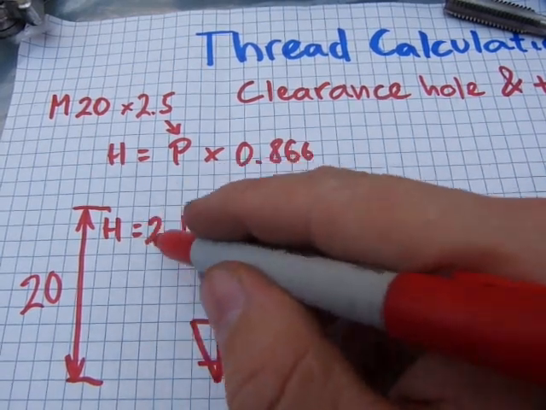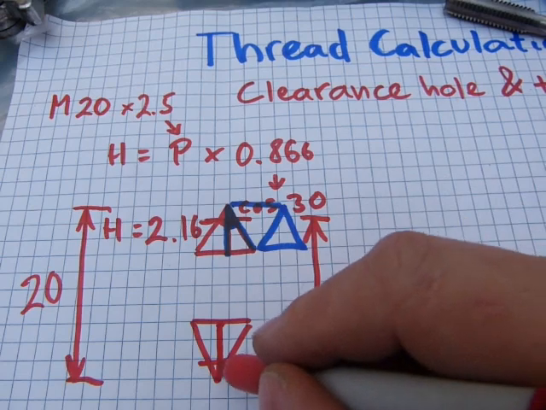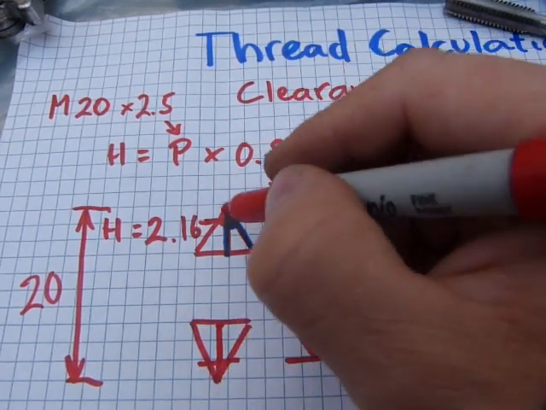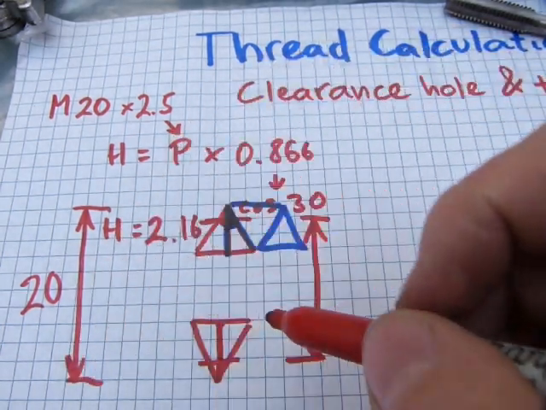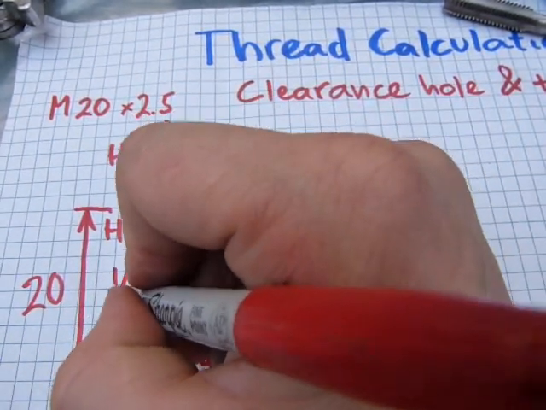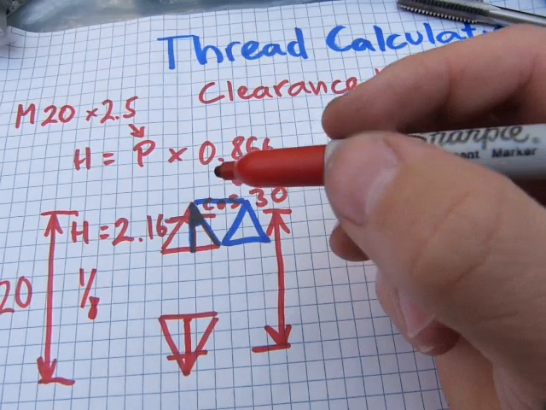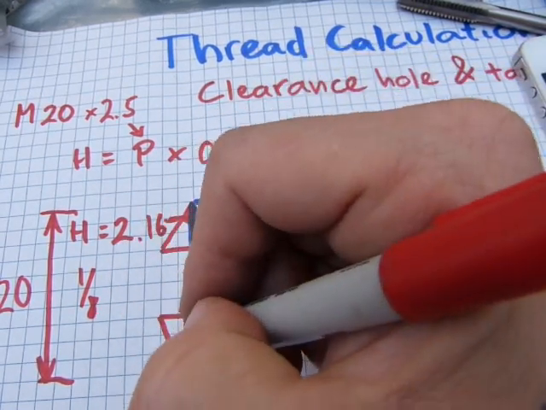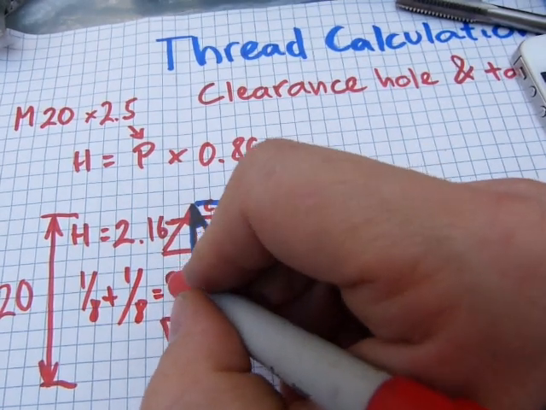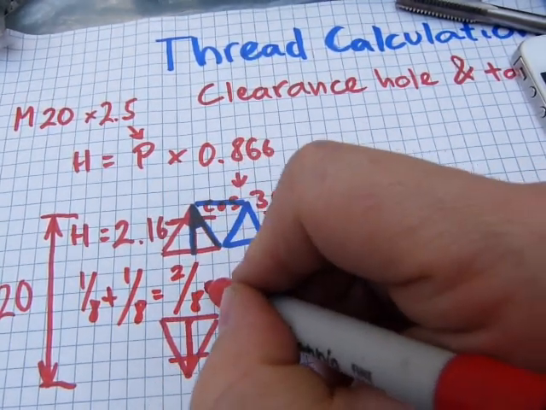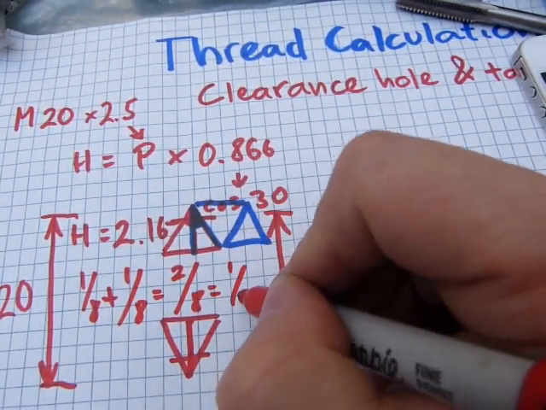1/8 of this amount is missing due to thread truncation here and thread truncation there. So 1/8 is missing on that side and 1/8 is missing on that side. So 1/8 plus 1/8 is 2/8, and 2/8 is the same as 1/4.